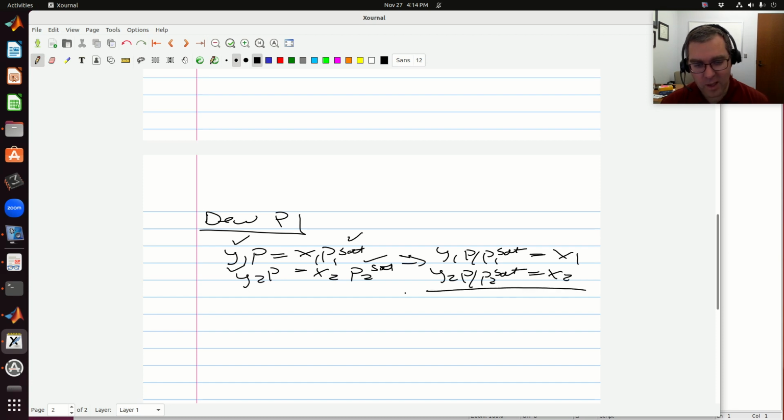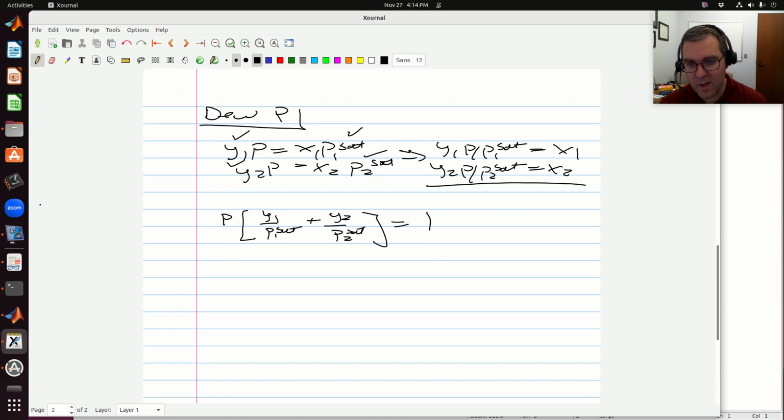If I add those together, P is the same in these two lines, so if I factor it out, I have P times (y1 over P1 sat plus y2 over P2 sat) equal to x1 plus x2, which is equal to 1.